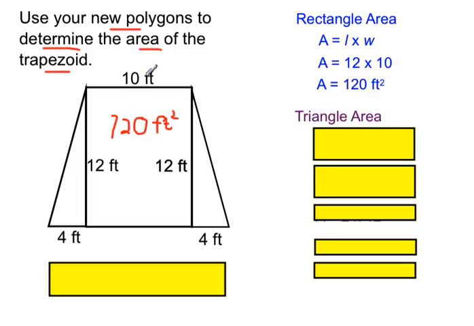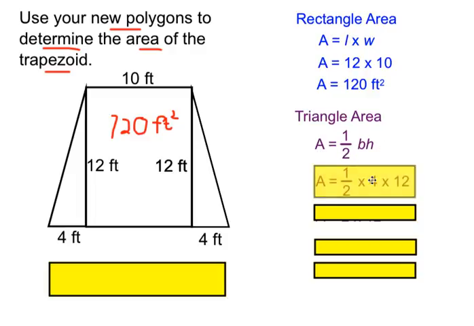Then we want to find the area of the triangle. We take the formula for the area of a triangle, which is 1/2 times base times height, and plug in our amounts. 4 is our base, and 12 is our height.